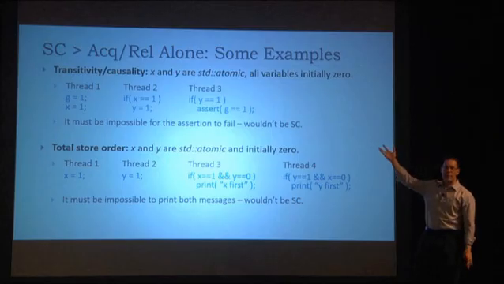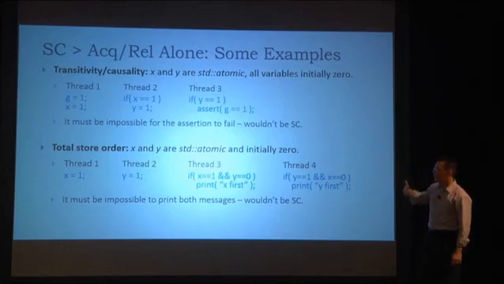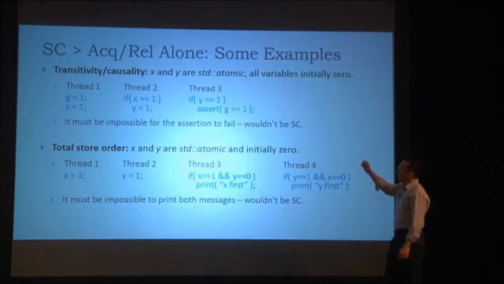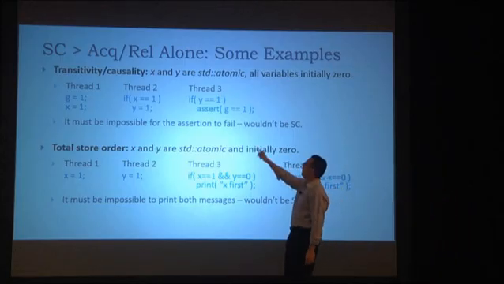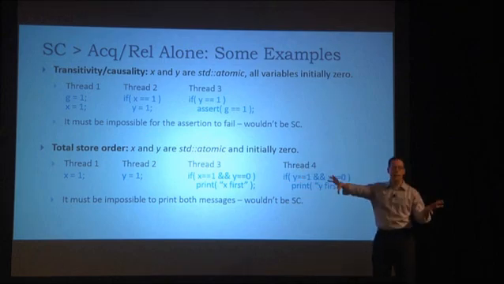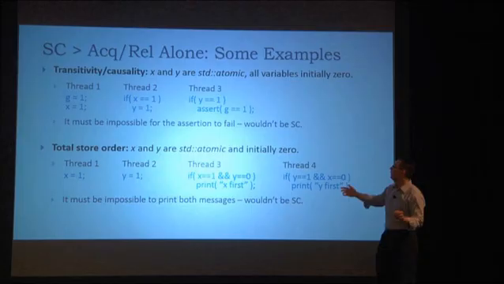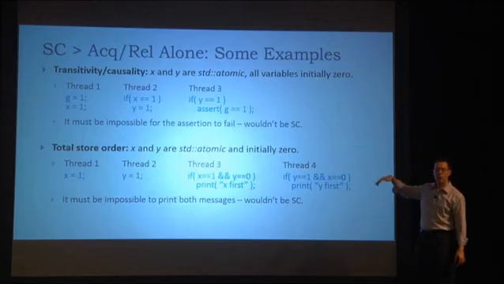Consider this, one of the examples that was used a lot in the memory model discussions that we had during the late 2000s. First of all, x and y are atomic variables, and g is just some random global variable. It's not atomic. But they're all initially 0.